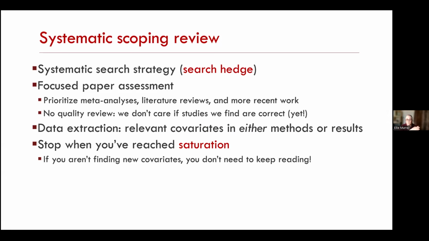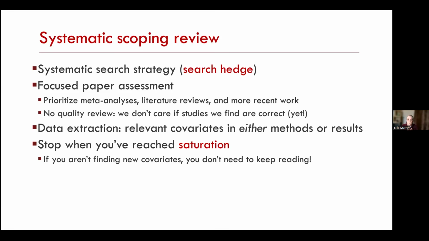So once we've pulled all of the papers that show up on our search hedge, we're going to do a focused assessment of those papers. So we prioritize meta-analyses and literature reviews, and we prioritize more recent work under the assumption that these are going to give us the sort of most consensus-based and most up-to-date information on potential relationships.